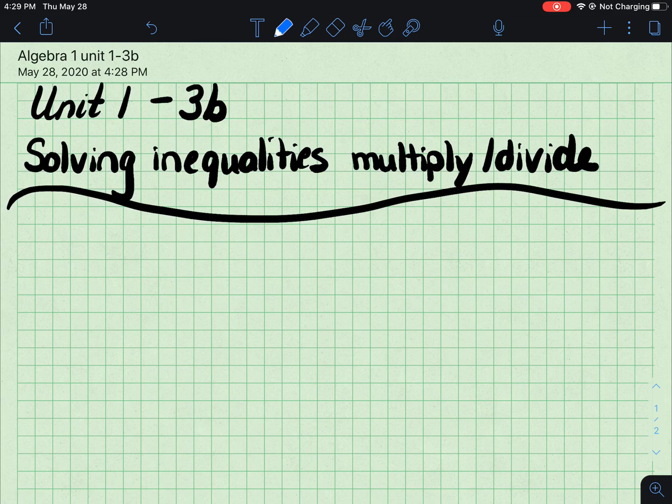There's one big idea when you're solving inequalities with multiplication and division. And here's the big idea.